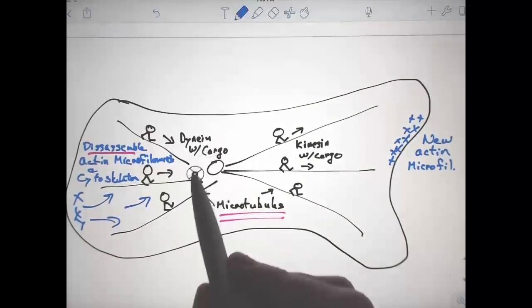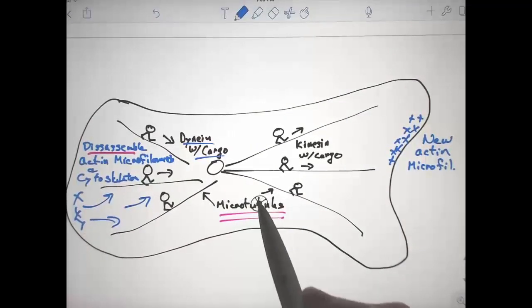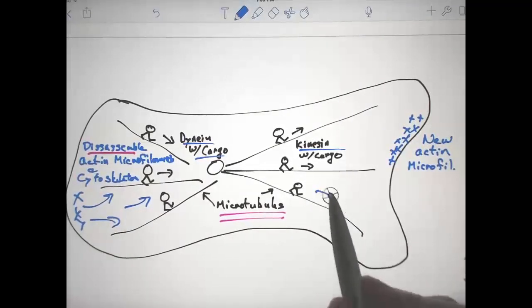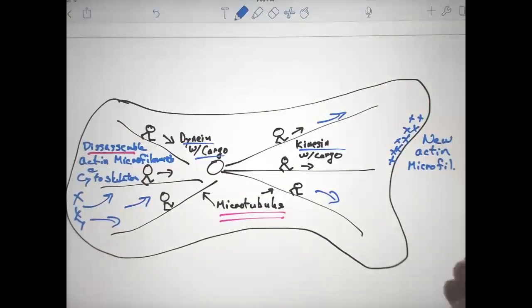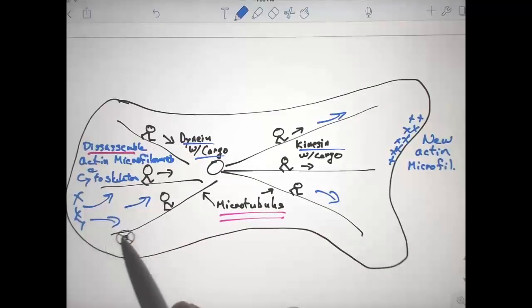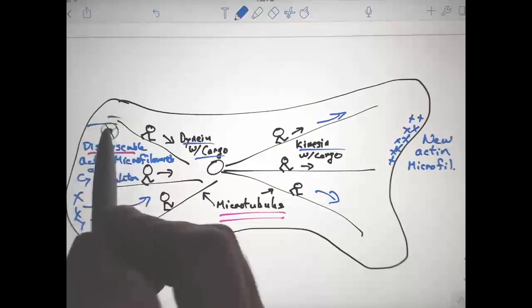Dyneins move some of this material with cargo apparently toward the microtubule organizing center, toward the nucleus, and kinesins move material outward.